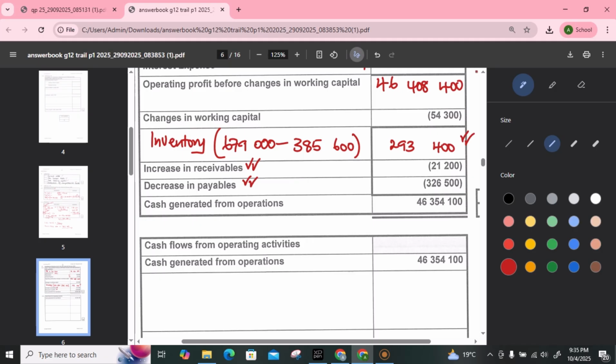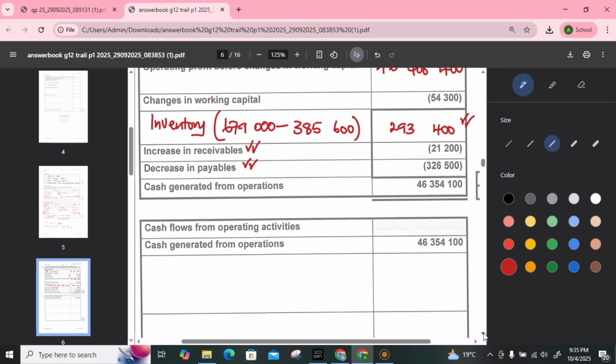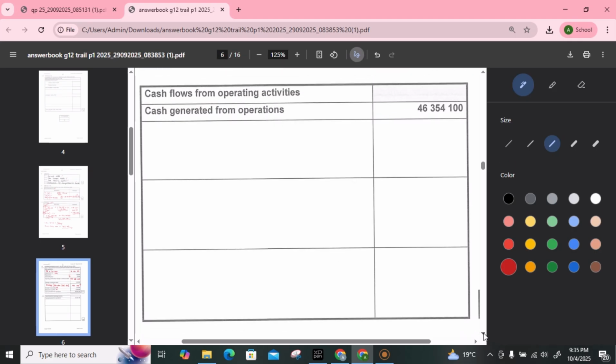Alright, reconciliation of net profit before tax and cash generated from operations is done, and it was very friendly in the sense that only 3 items were supposed to be added here, the rest was already filled in. Now your next step, you had cash generated from operations as the line item already given, but the key heading that we are having here is operating activities.